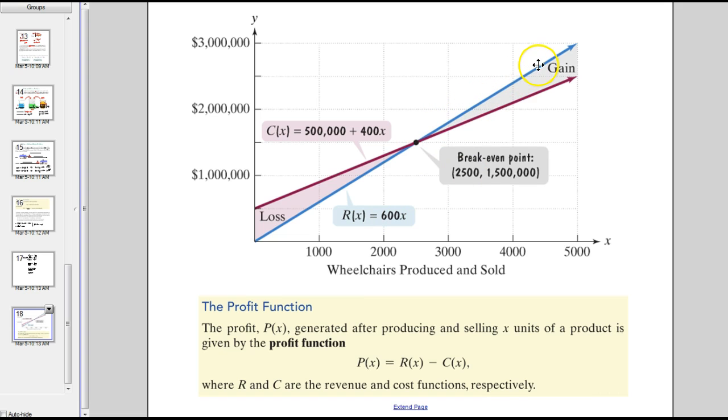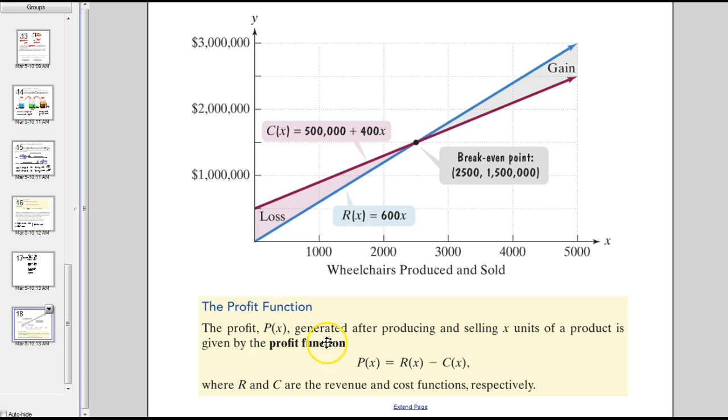Our profit is positive. We're earning more. The revenue is higher than the cost function, so we have a gain. But if we don't produce that many, we have a loss. Right? If we don't produce and sell that many, this 500,000 startup cost, this fixed cost, is not offset, and we have a net loss after all is said and done.